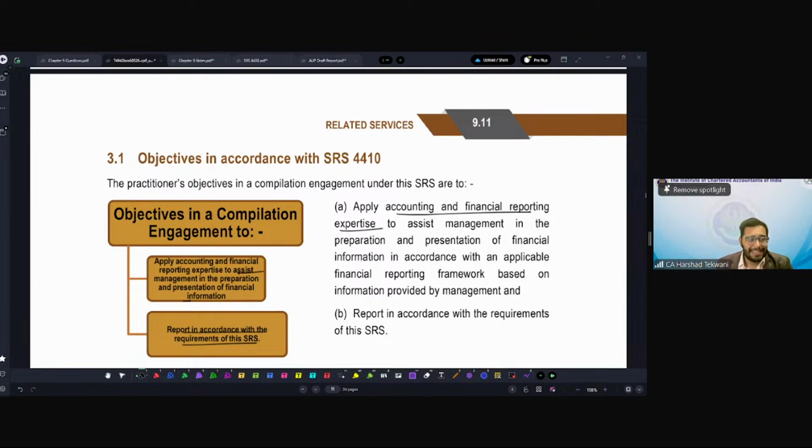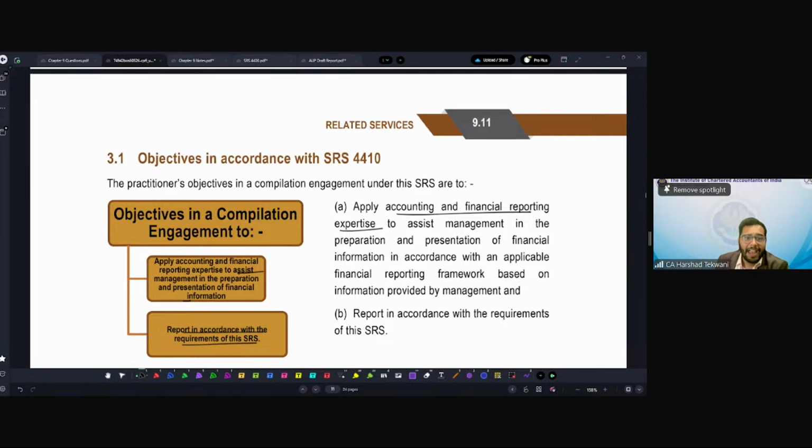Now, as I said, this is an engagement, just like SRS 4400. If this is an engagement, then you have to comply with the ethical requirements. The way we saw ethical requirements over there, in a similar way we have ethical requirements here.